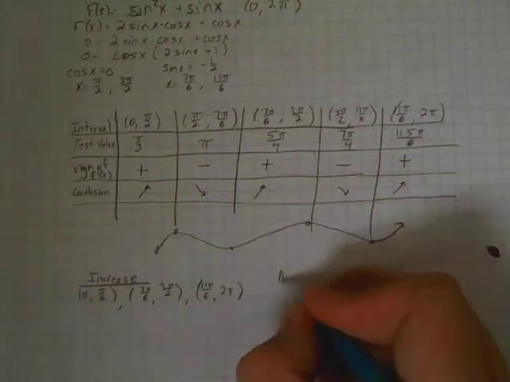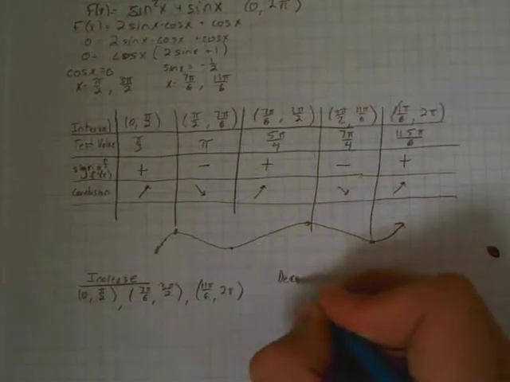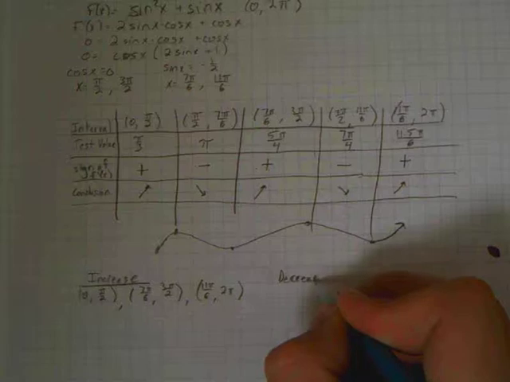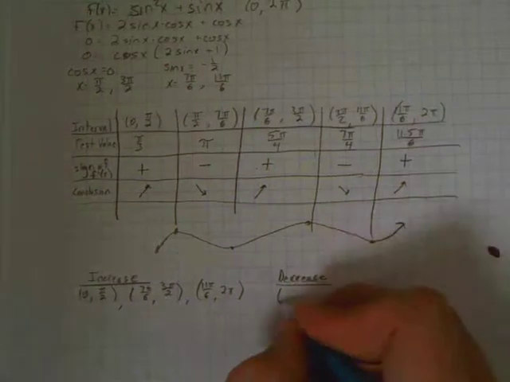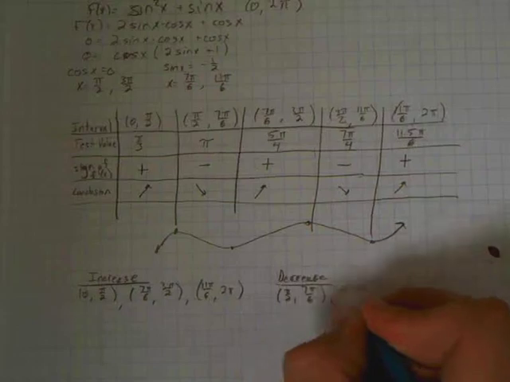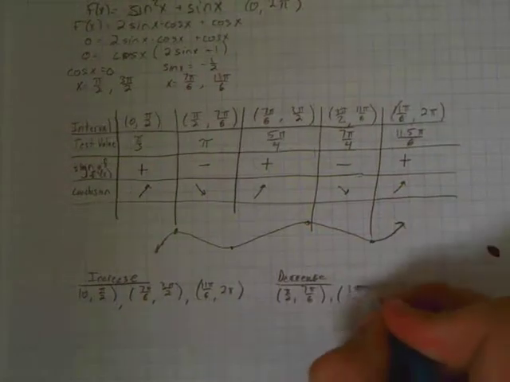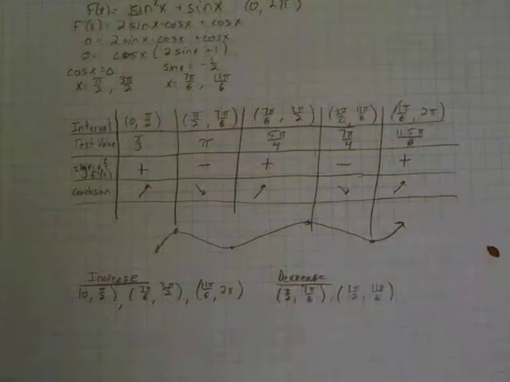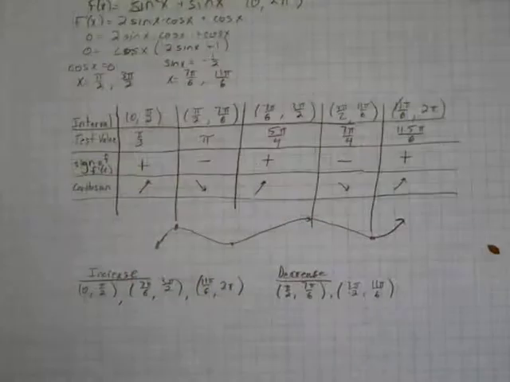And then decreasing on those other intervals: pi over 2 to 7 pi over 6, and 3 pi over 2 to 11 pi over 6. Nice. Now we know when it increases and when it decreases.